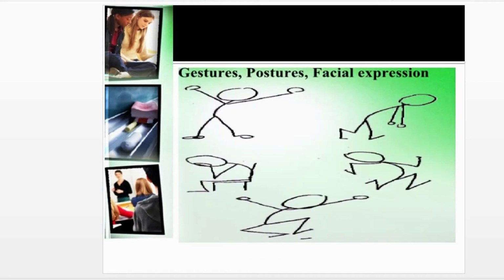You can see the example over here that one of the figures is very excited while one of the figures is very dull, one is sad, one is running, and one is jumping with joy. These are all different expressions, and you can give different body postures and gestures with the help of different face expressions. So let's go further.